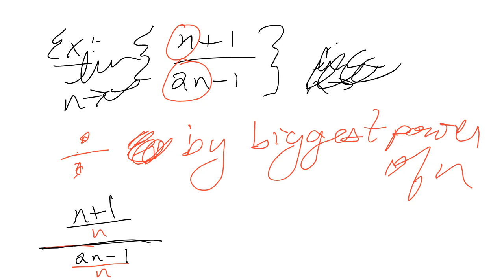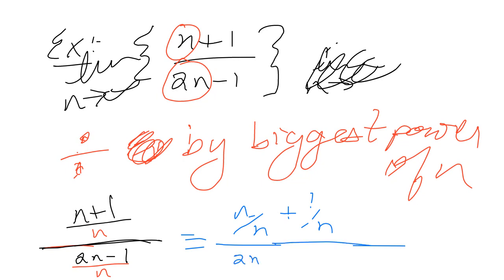And then we're going to use laws of fractions here. This is equivalent to dividing each term, so it's n over n plus 1 over n in the numerator. Everybody agree? And in the denominator, it's 2n over n minus 1 over n.